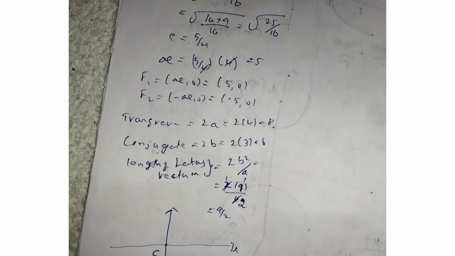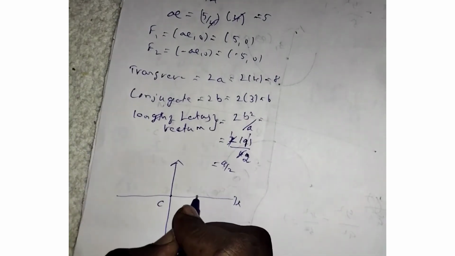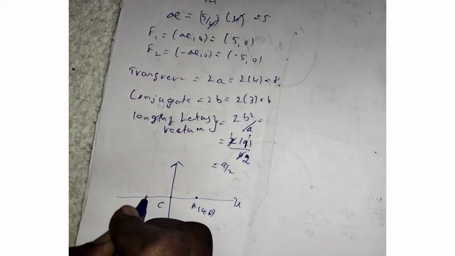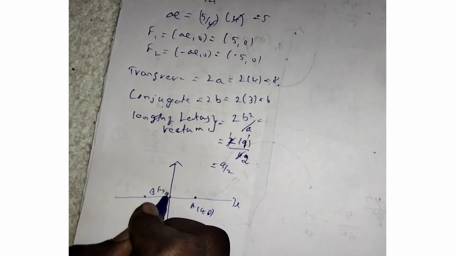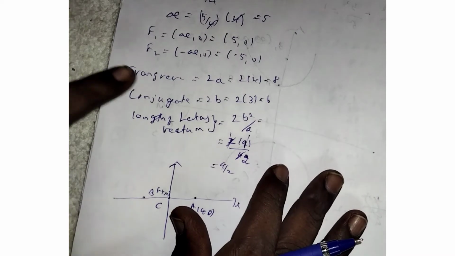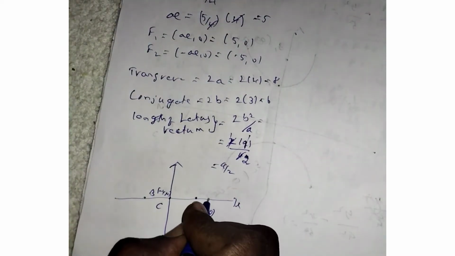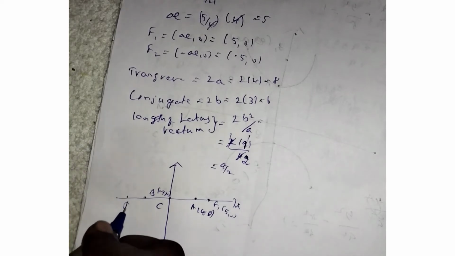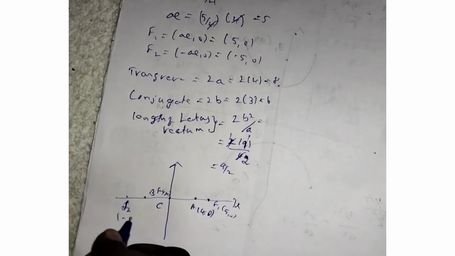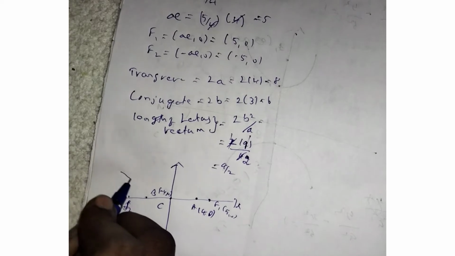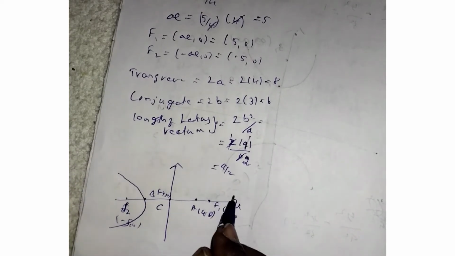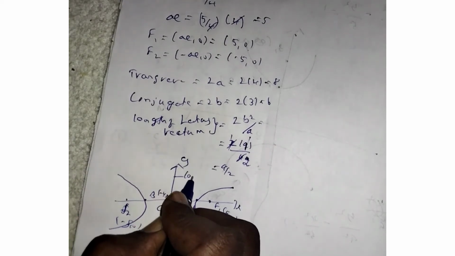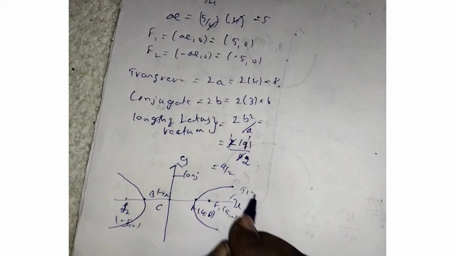Then the foci are F1 5, 0 and F2 minus 5, 0. Approximately draw the diagram like that. Here this is the conjugate axis and this is the transverse axis.